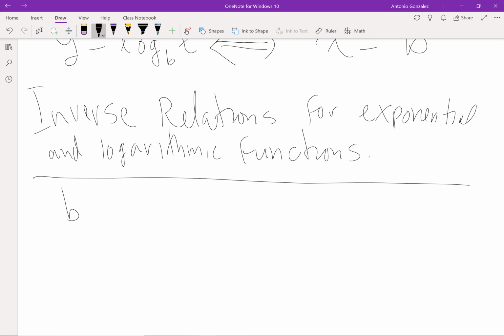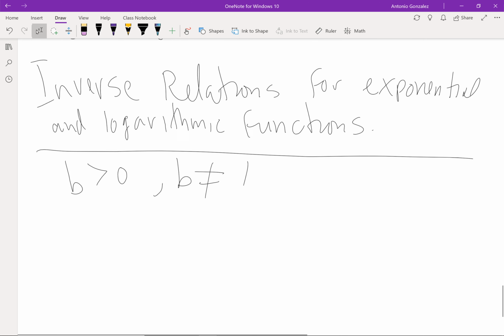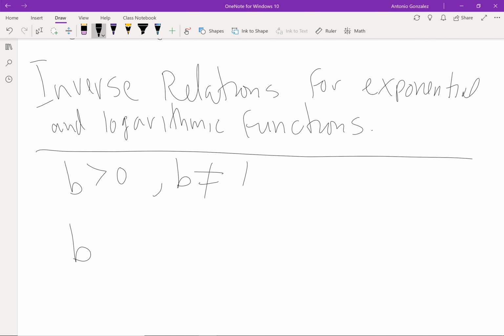Let's say b greater than 0, and again b not equal to 1, then b raised to the log base b of x is equal to x, and this holds for x greater than 0.